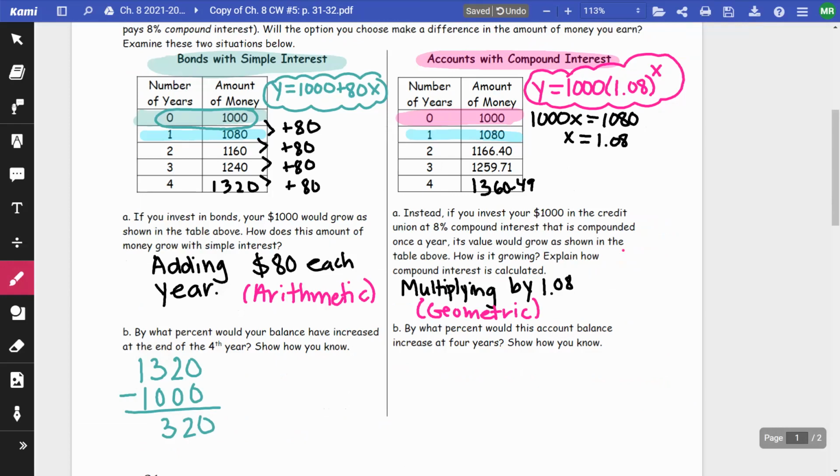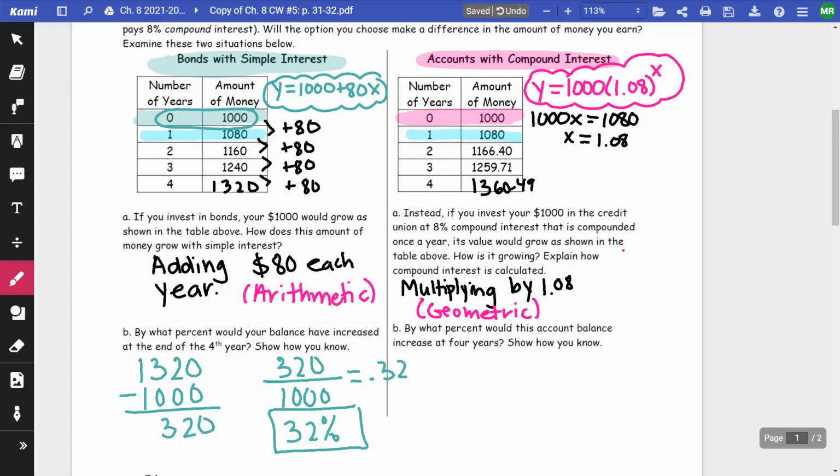To find what percent your balance increased by, we take 320, which is how much we made, and compare it to the 1,000 we started with. When I take 320 divided by 1,000, I end up getting 0.32, which means 32%.